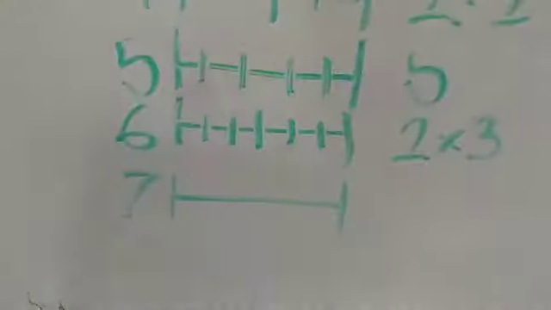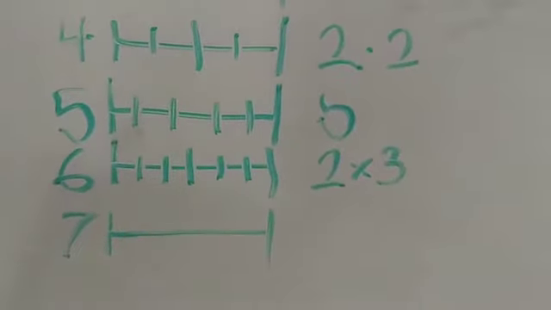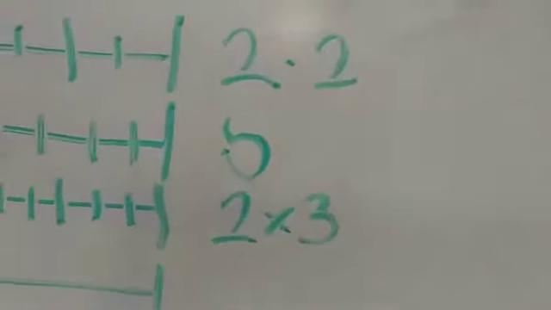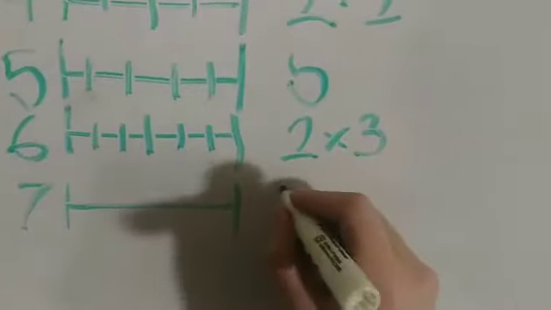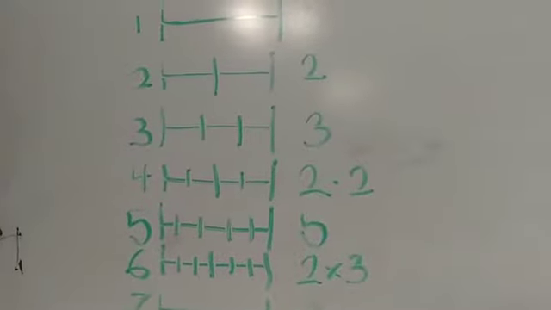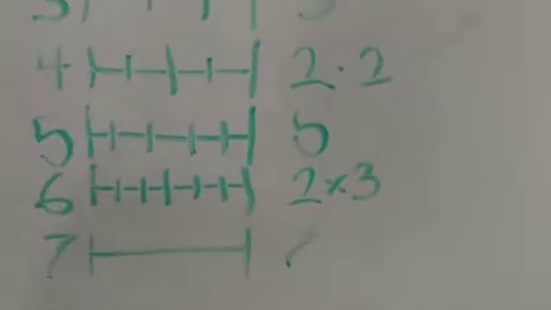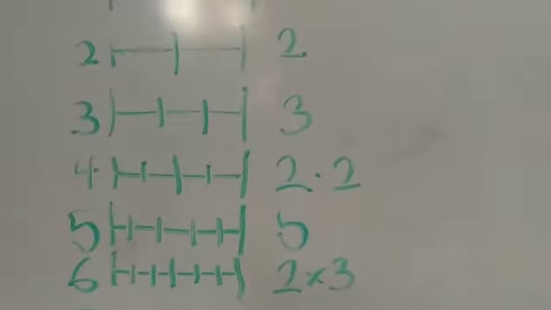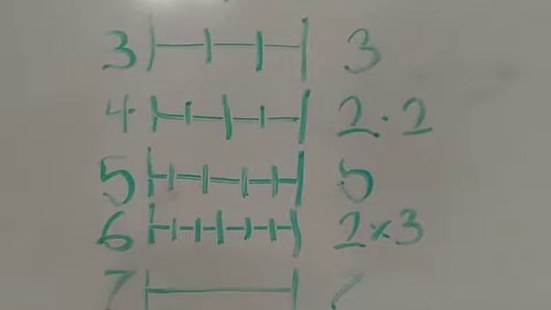But I'm not going to obsess over that right now. 7 is just 7. So we can skip all of this segment thing. The point of it was just to illustrate what a prime number is.